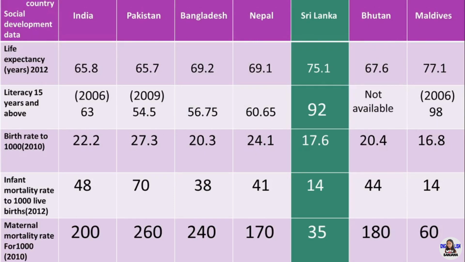Infant mortality rate per 1000 live births: Pakistan 70, Bangladesh 38, Nepal 41, Sri Lanka 14, Bhutan 44, and Maldives 14. Maternal mortality rate: India 200, Pakistan 260, Bangladesh 240, Nepal 170, Sri Lanka 35, Bhutan 180, Maldives 60.